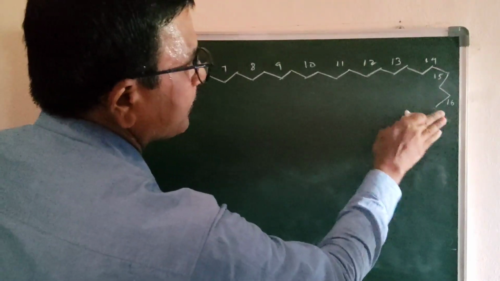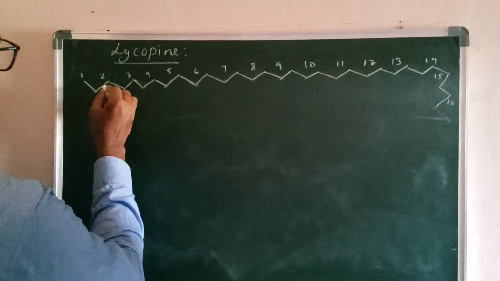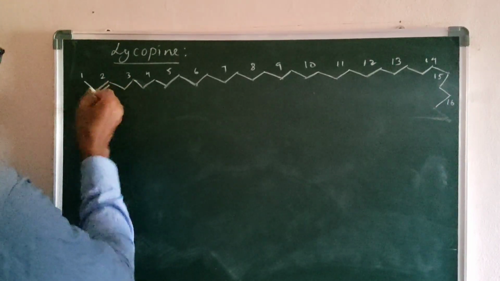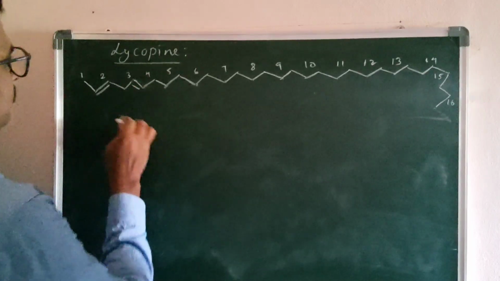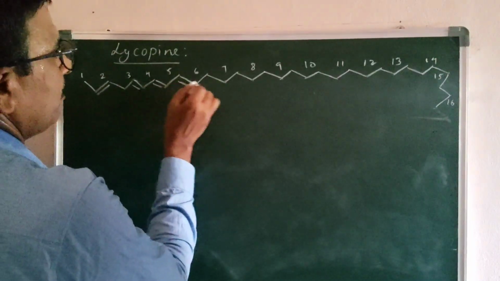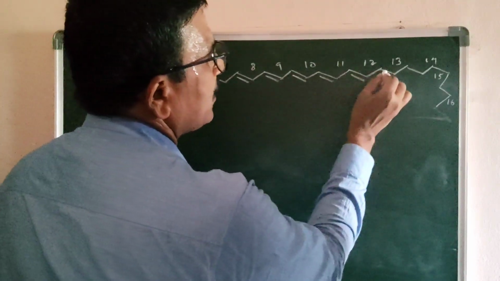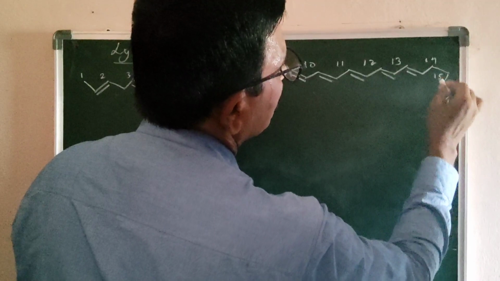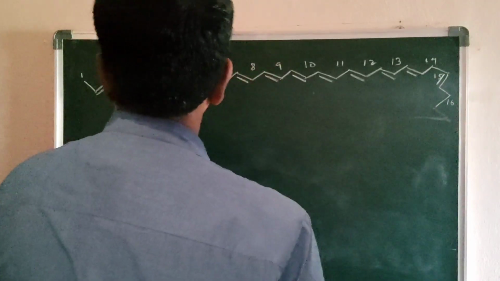Now there are double bonds. Here one double bond, double bond, double bond, double bond, double bond. All these are conjugated double bonds. One double bond here.